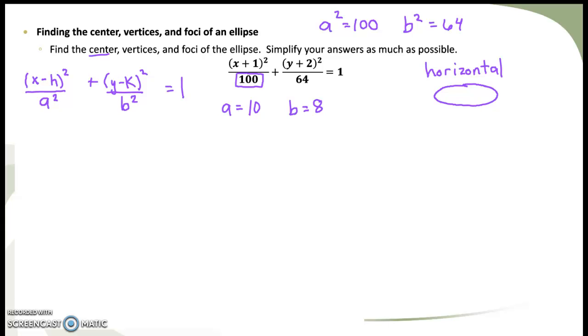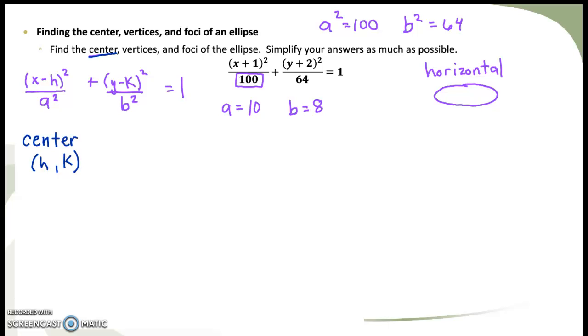Let's go ahead and show the work for the center in this blue color. So our center is at (h, k).